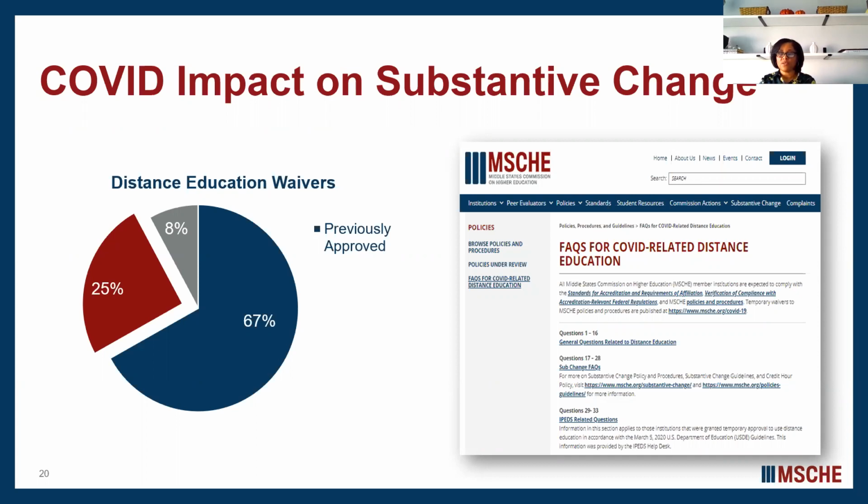And we have not heard anything about an extended waiver for the spring 2021. So for those institutions that decide to continue offering 50% or more of an educational program in distance education beyond the December 31st date, you will need to submit a substantive change request for the first program. And then the next deadline date for submitting a request is November 1st.